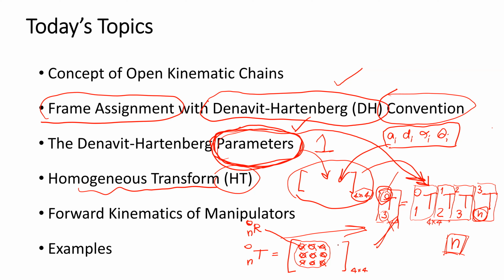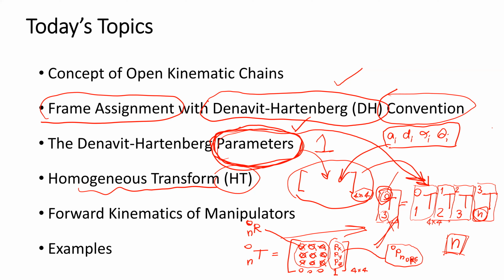And we still have the 3 components that are the position vector, and we have 0, 0, 0, and 1 in the 4x4 matrix. And this position vector is P of the origin of frame n with respect to frame 0.